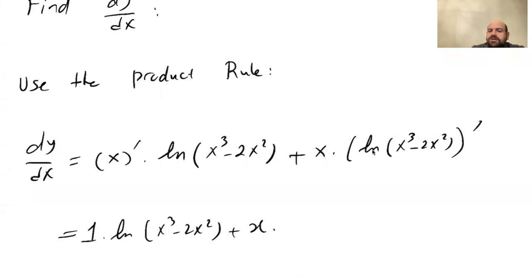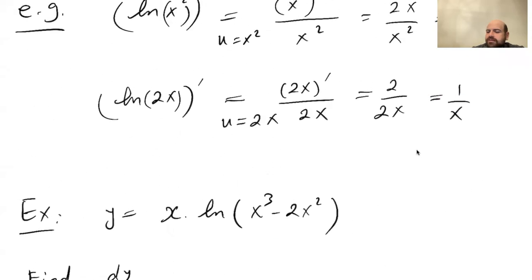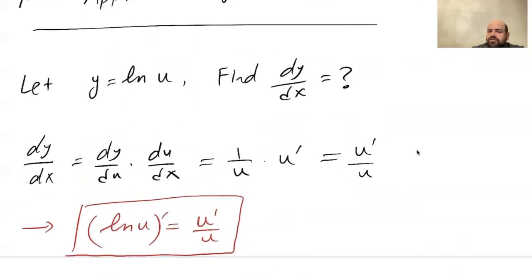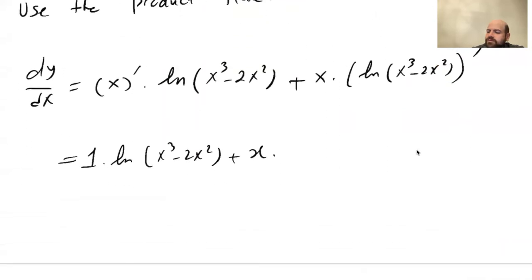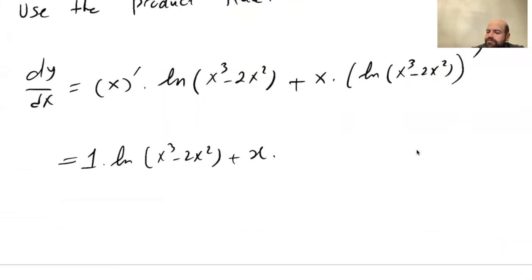So this is a function of the form ln u. If I need the derivative of a function of the form ln u, what will be the answer? The answer will be u prime over u. We just said it, right? The derivative of ln u is u prime over u. So the derivative of this function will be the derivative of x cubed minus 2x squared divided by x cubed minus 2x squared.